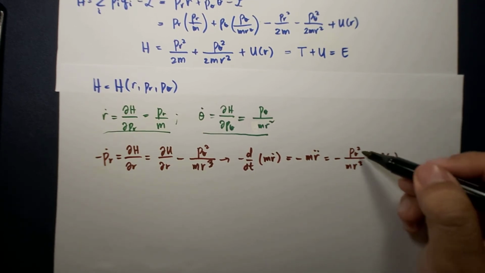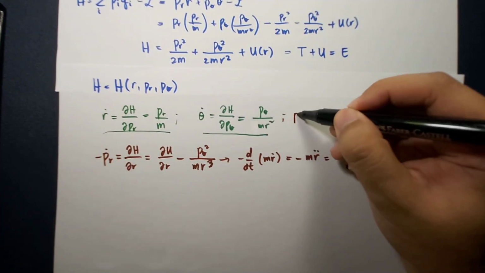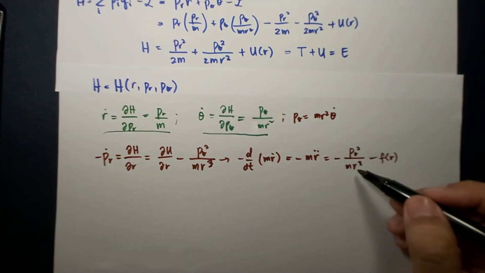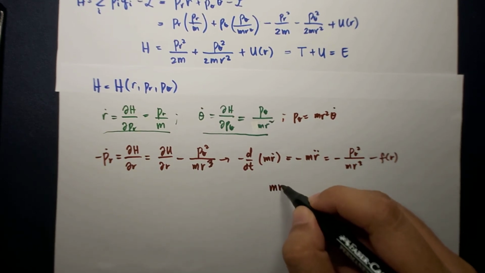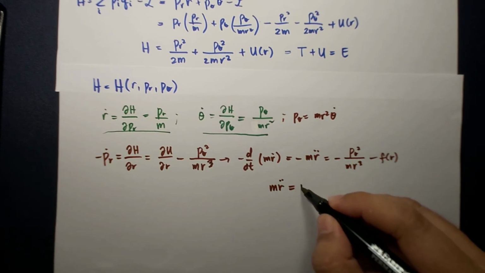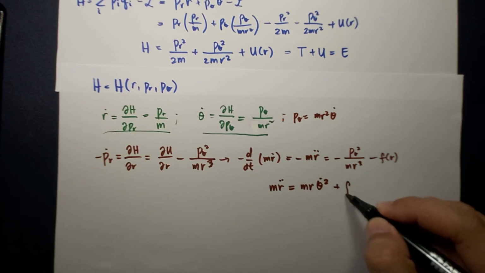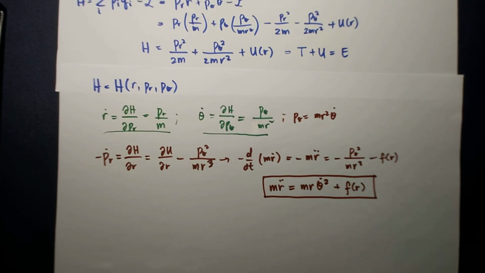Okay, so I'm substituting P theta from here. Remember here that P theta is mr squared theta dot. Substituting it here, then simplifying everything, we have mr double dot equal to mr theta dot squared plus fr, which is what we got using Hamiltonian mechanics as well as the Euler-Lagrange equation.